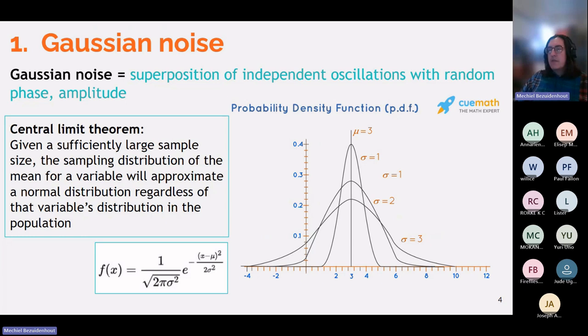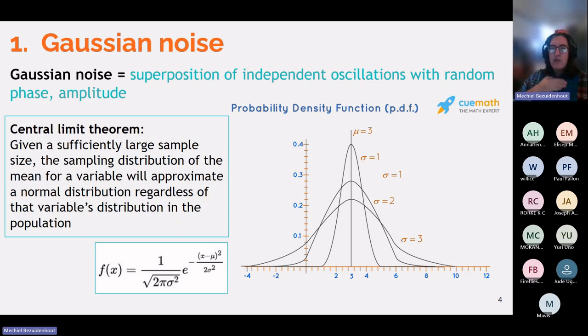And if we believe that that noise is not due to some systematic effect, that the noise is the result of independent random processes, then we can assume that the noise is something called Gaussian noise, which is a superposition of independent oscillations with random phase and amplitude. So these are random fluctuations that are uncorrelated. That's very important.